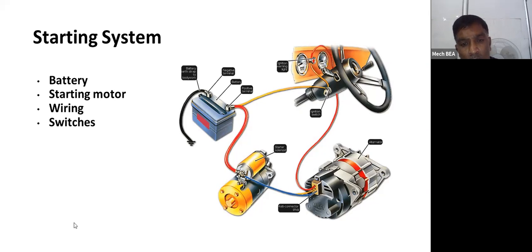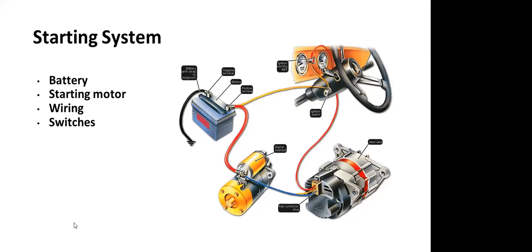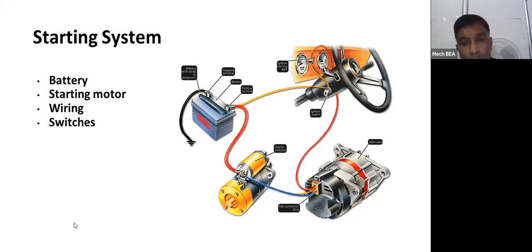Initially we need to have cranking so that there will be continuous generation of power, and that power can be utilized to run the transmission system and ultimately the vehicle. So these are the elements which are used in the starting system.